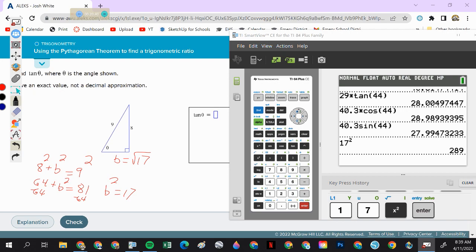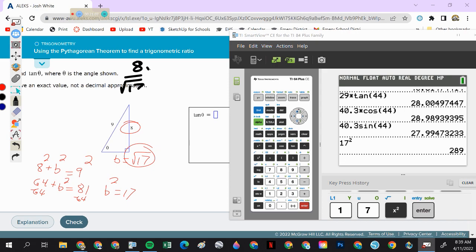What would the tangent of theta equal? Well, tangent is opposite divided by adjacent. So we would get 8 over root 17. But we can't leave it like that. We're not allowed to leave square roots in the denominator. How do we fix that?